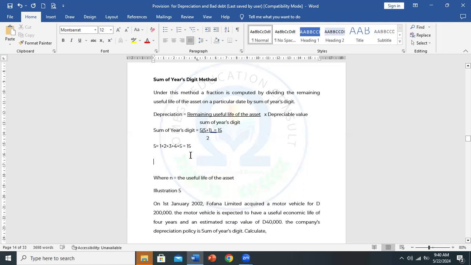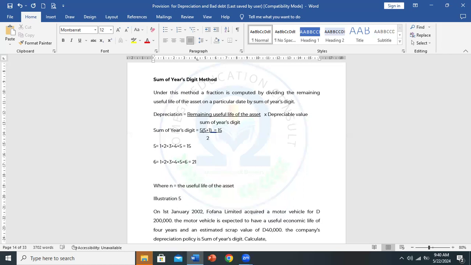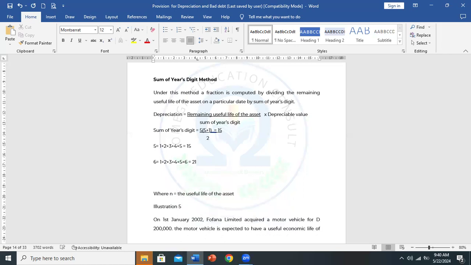Let's say the useful life is 6 years. Then your sum of years will be 1 plus 2 plus 3 plus 4 plus 5 plus 6. Let's do that calculation and see what we get. 3, 6, 10, 15, 21. Okay. If the useful life is 10 years, then the sum of years will be 1 plus 2 plus 3 plus 4 plus 5 plus 6 plus 7 plus 8 plus 9 plus 10.